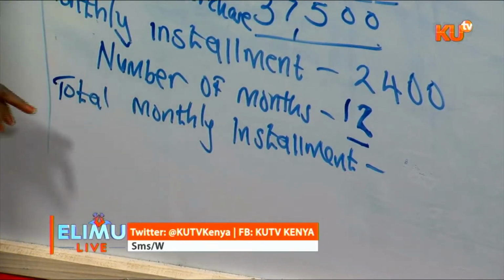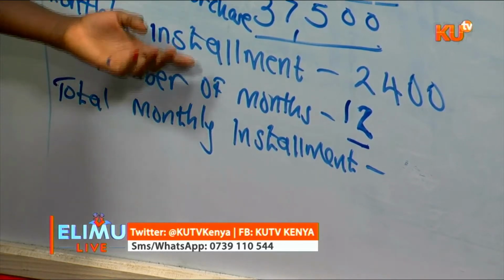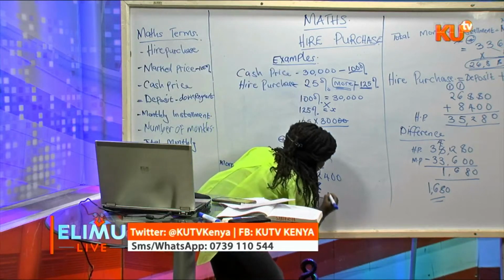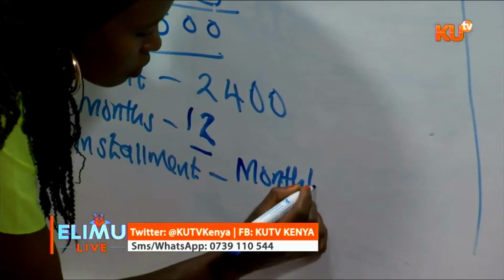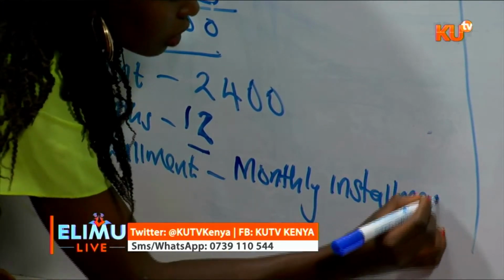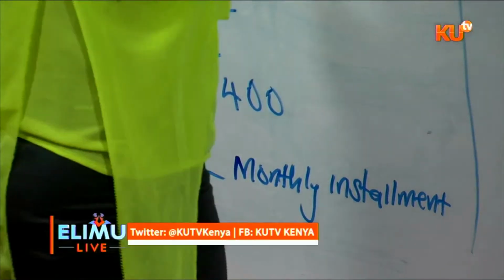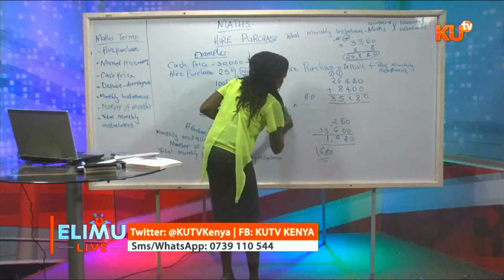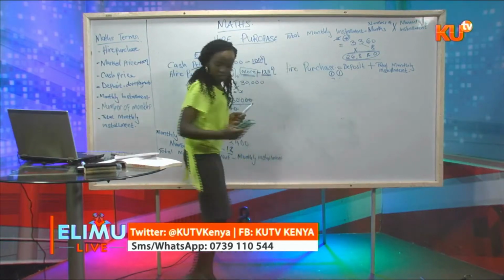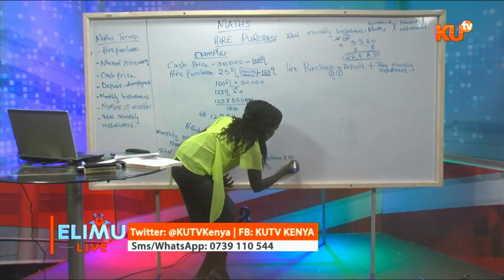And we know for us to get the total monthly installment, we take the monthly installment, we multiply by the number of months. So the monthly installment times the number of months.